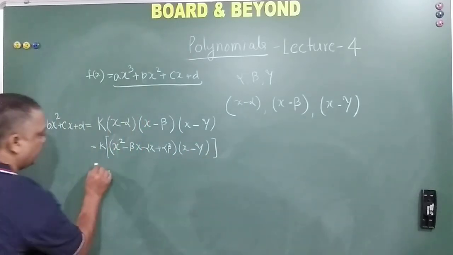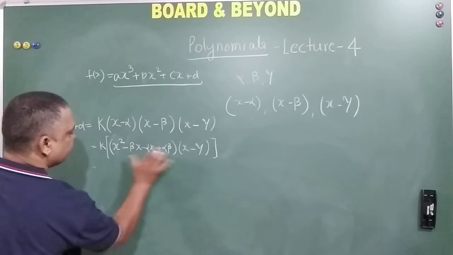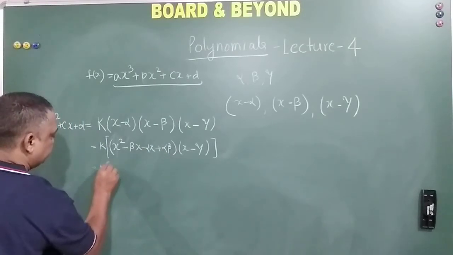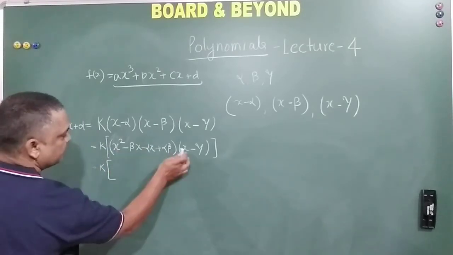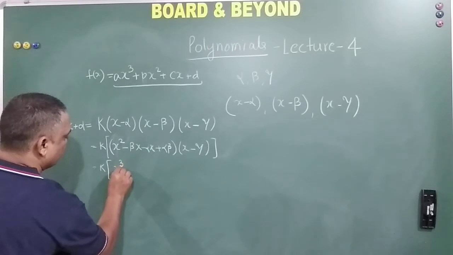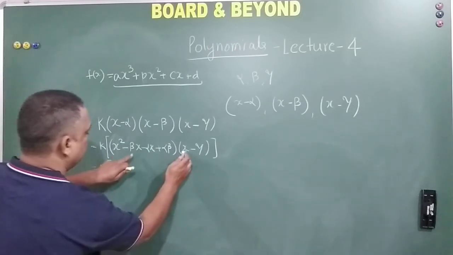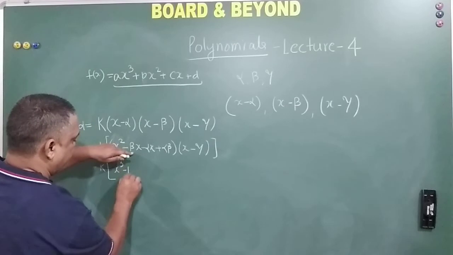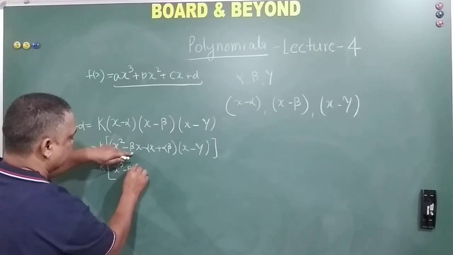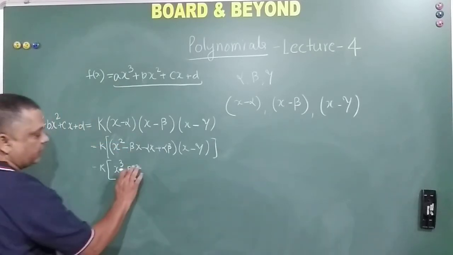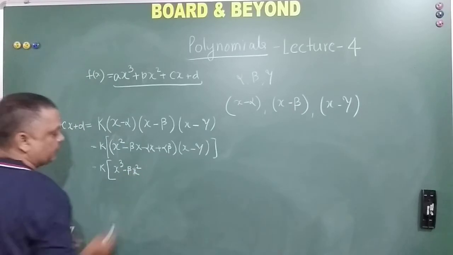Right? Now we open up this as well. This into this, x cube. Now this into this is nothing but minus beta x square. You are able to follow me?